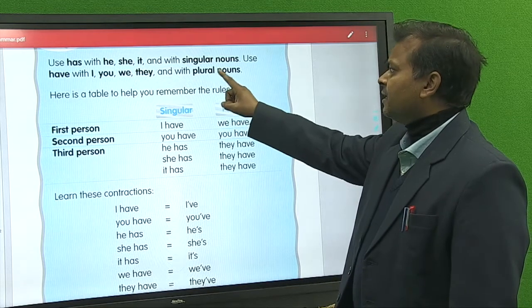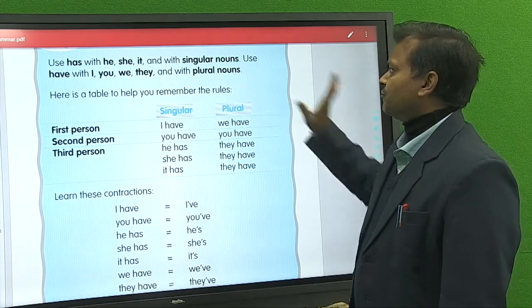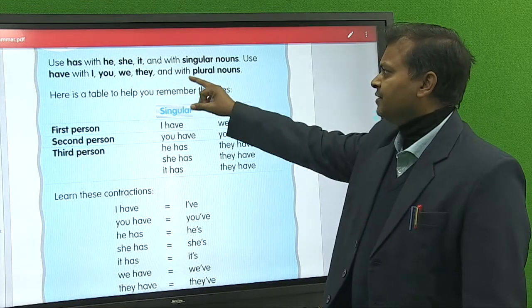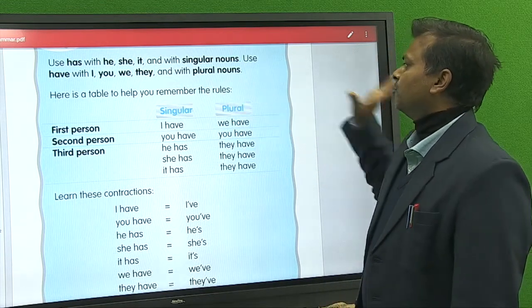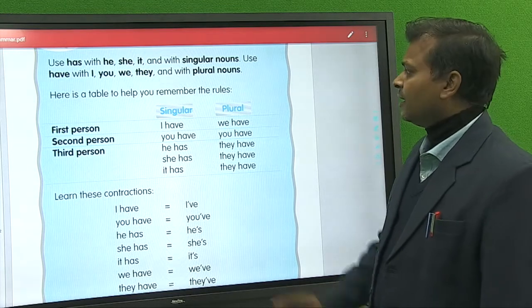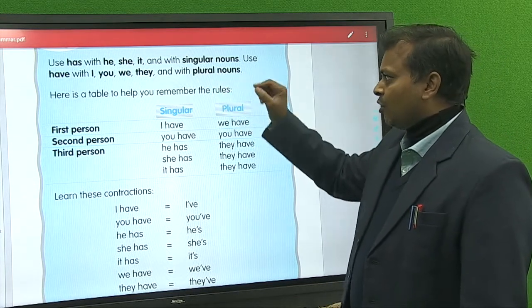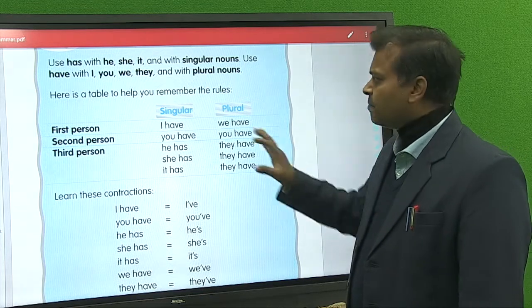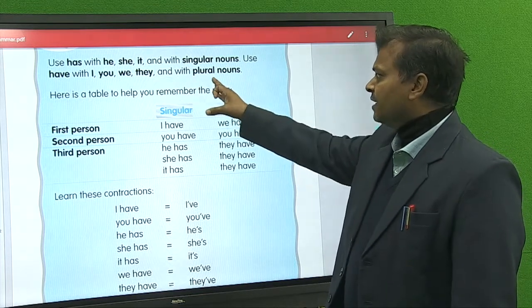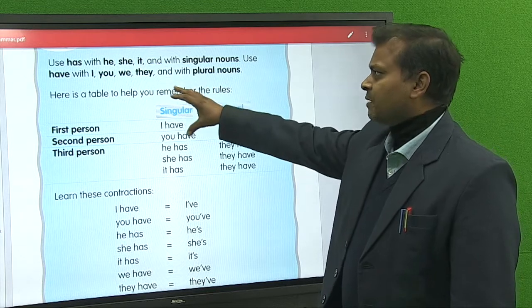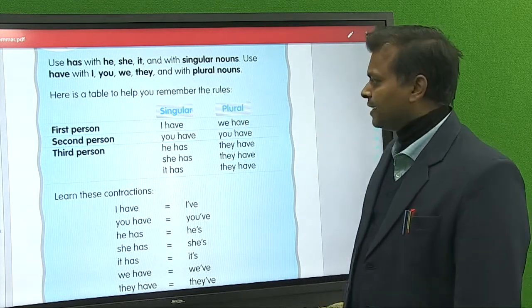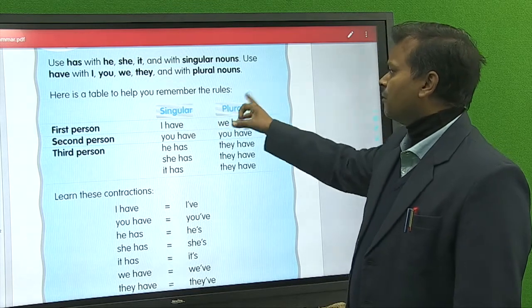Use has with he, she, it and with singular nouns. I have made you clear these things. Use have with I, you, we, they and with plural nouns. Why? Because I have told you that he, she, it are all third person singular number. That's why we use has with them, and I, you, we, they, these are all first person, second person and third person plural number. That's why have has to be used, right? Here is a table to help you remember the rules.